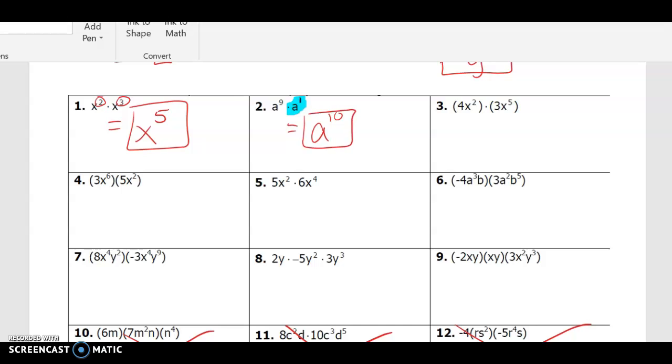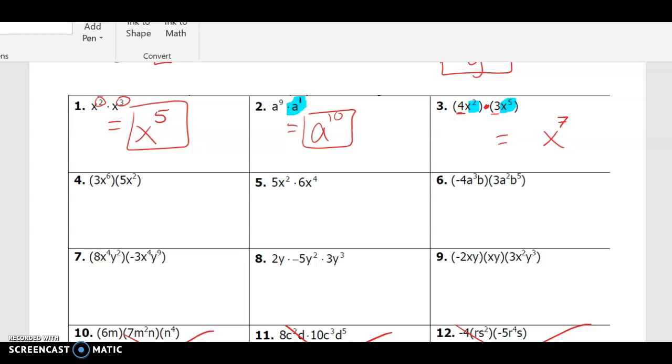Now number 3 is a little bit more involved because notice how we have numbers out in front of our base. Our base is still x. If I add my exponents, I have x to the 2nd and x to the 5th, which would give me x to the 7th power. But whenever we have numbers out in front, remember that we are multiplying there.